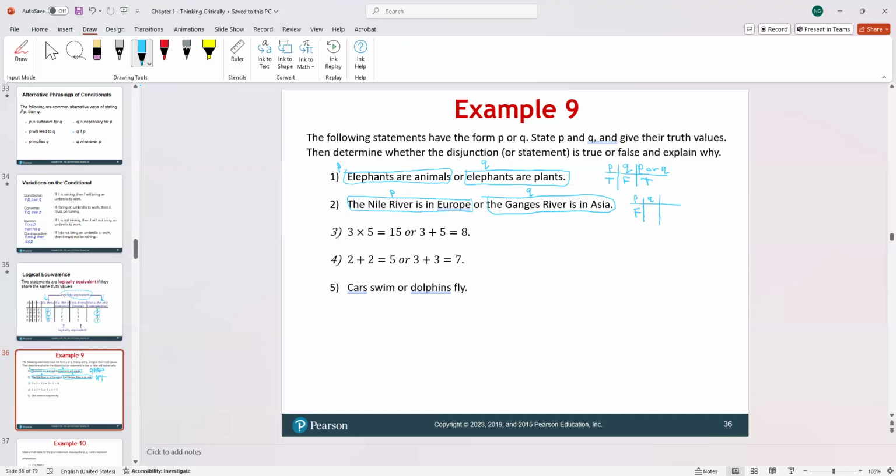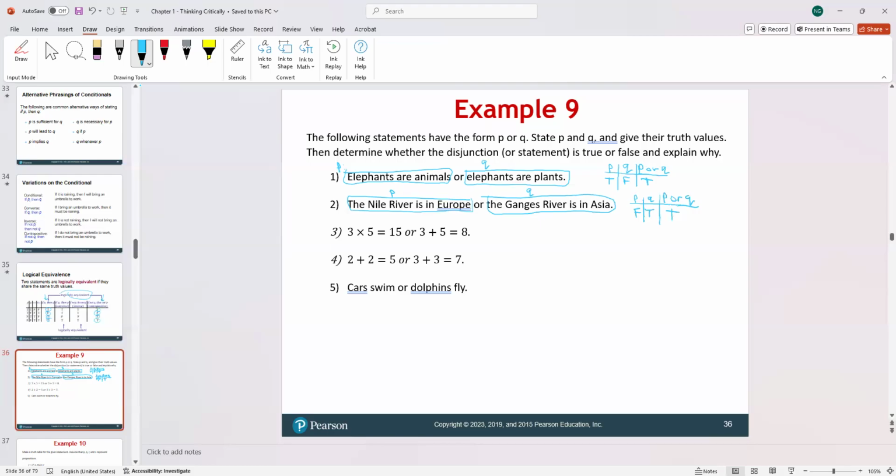Before I started this class, I asked him, and he said it was in Asia. So I think it's true. So if Q is true, what is P or Q? Yes, that's true, because a disjunction is true when at least one of its propositions is true. Here, Q is true, even though P is false.